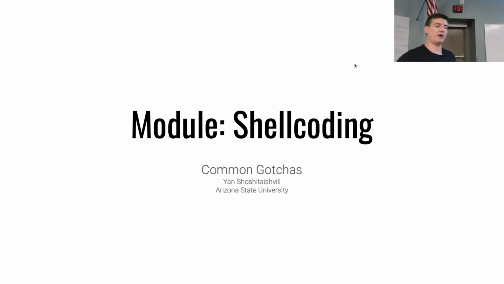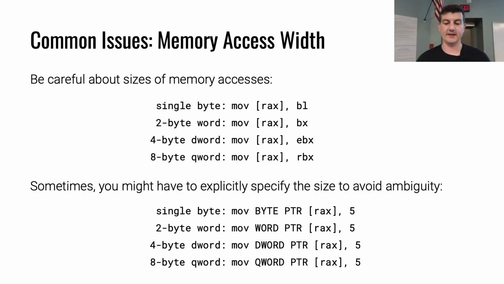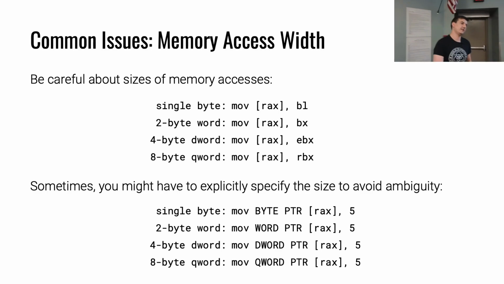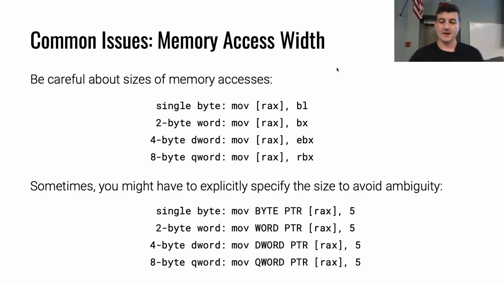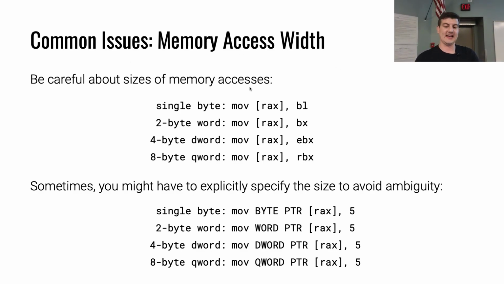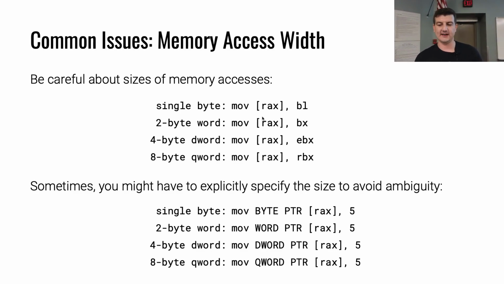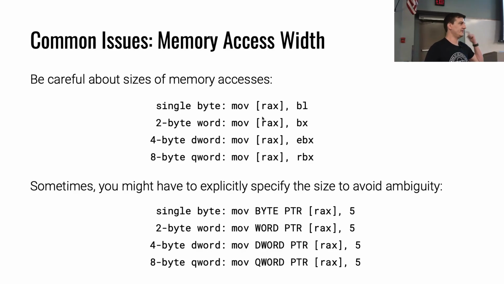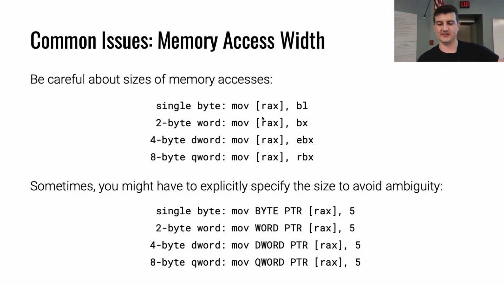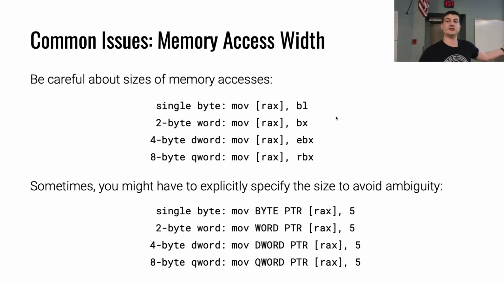Okay, but there are some problems that can occur. These are just more of a reminder. You may have forgotten this since you have built a web server in assembly. But one thing is be very careful about the size of the memory access that you're using. We all talked about that: the difference between accessing 1 byte versus 2 bytes versus 4 bytes versus 8 bytes. You can do it implicitly based on the size of the register that you're using. So BL versus RBX is going to be 1 byte versus 8 bytes.